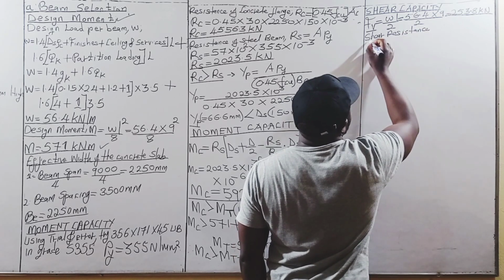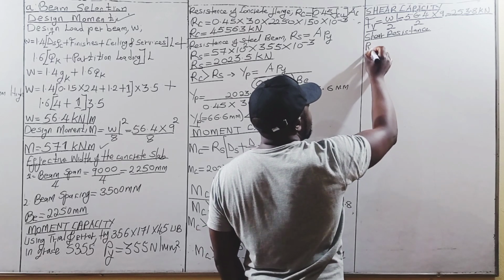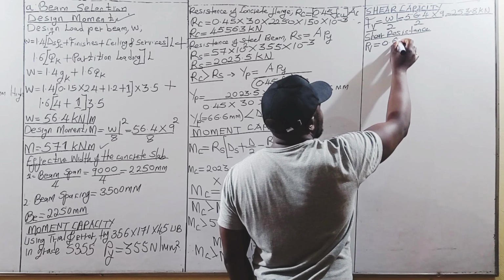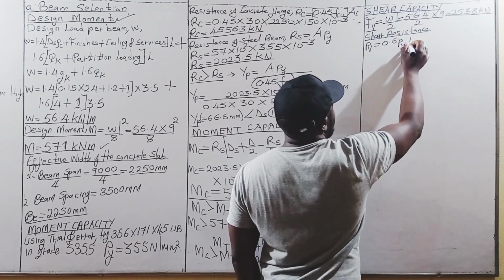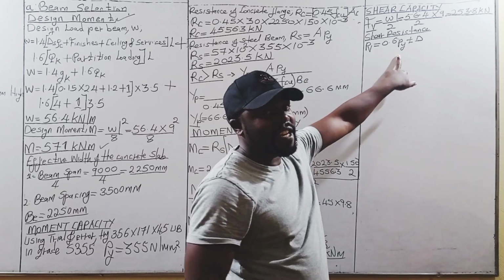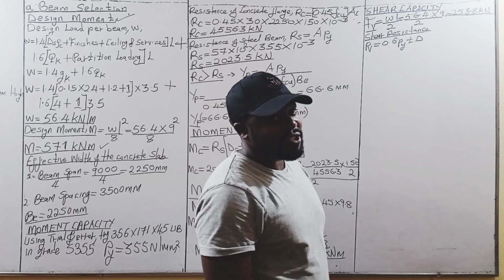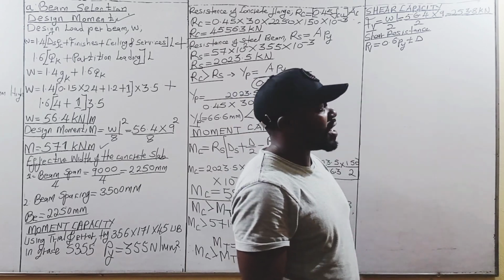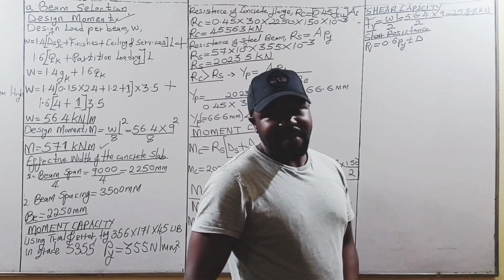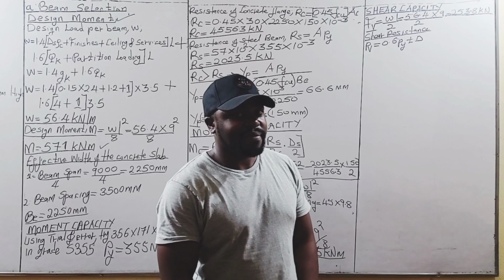The shear resistance, that is PV, will be given by 0.6 PY TD, whereby PY is the design strength of a steel section, T is the thickness of the web, and D is the depth of the web of the section that we have selected.